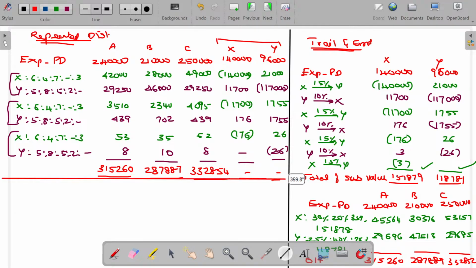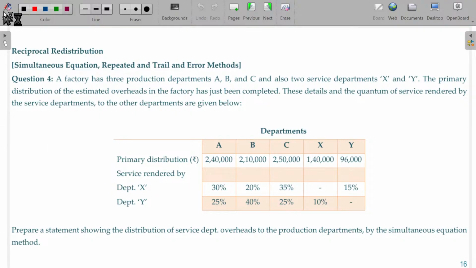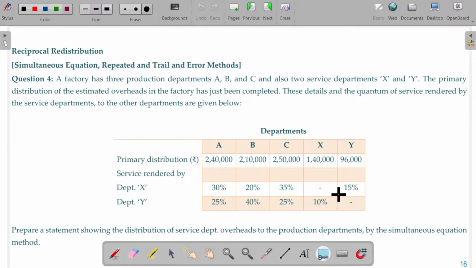So we have three methods to solve this illustration: repeated, trial and error method, and simultaneous equation method. Under simultaneous equation method, we can solve the illustration the same way also. You have to frame two equations, x and y.